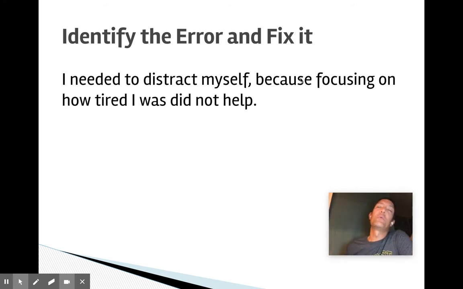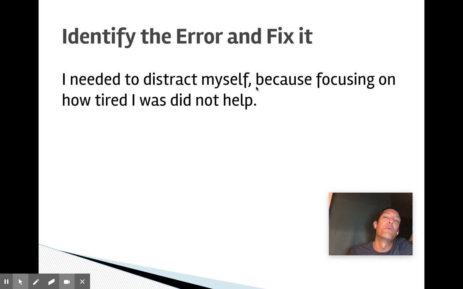And if you really want to know the difference, you can switch the order of the sentence. Because focusing on how tired I was did not help, I needed to distract myself. That's what makes this a complex sentence and not a compound sentence. It is what it is.